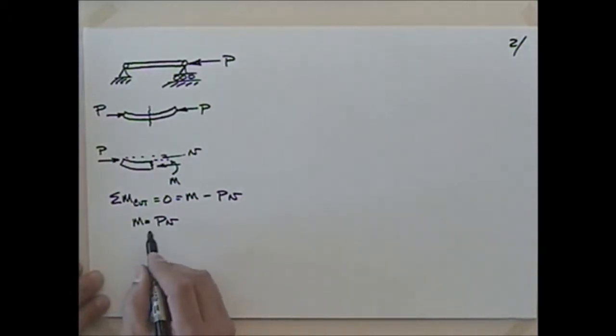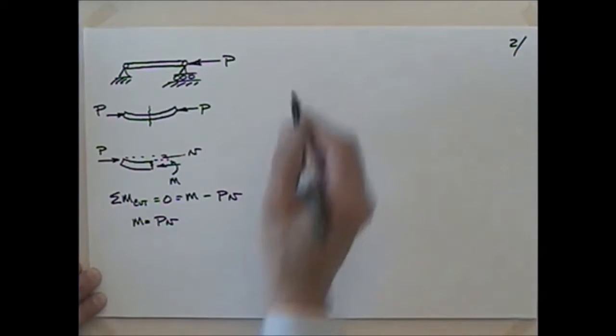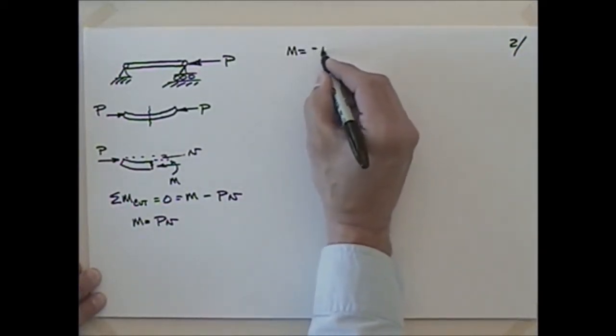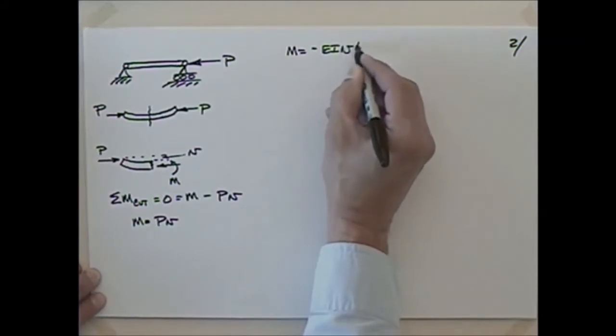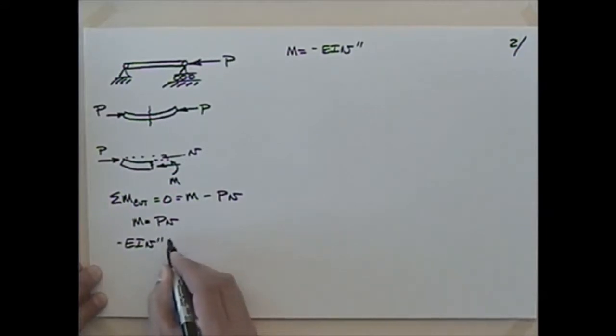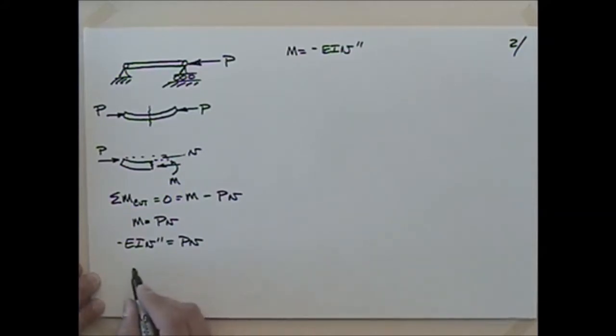Well, we have an expression for the moment. From our previous work, didn't we say that the moment was equal to minus EI times V double prime for the deflection of a beam? So let me set that equal here. I could say then that minus EI V double prime is equal to P times the deflection V. And I could rearrange this a little bit.